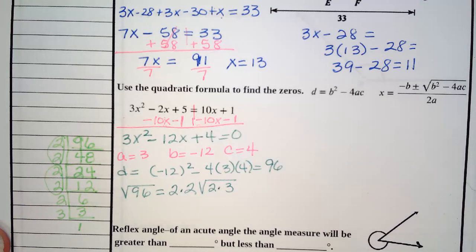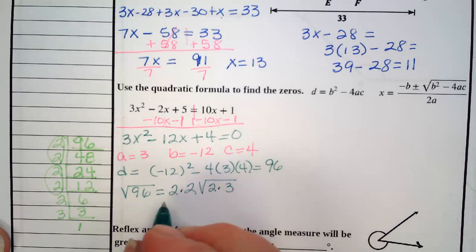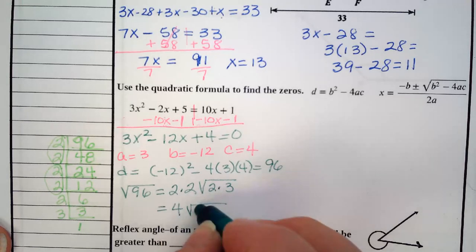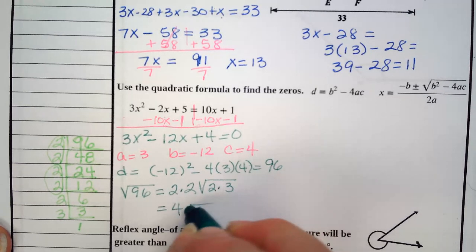Take a minute and look and realize what's happening. You always start with the smallest prime number that will go into the number you're looking at. You factor that out until you cannot factor it out, and then you look at the next prime number. That's why it's called prime factorization. 2 times 2 is 4. Square root of 6. 2 times 3 is 6.